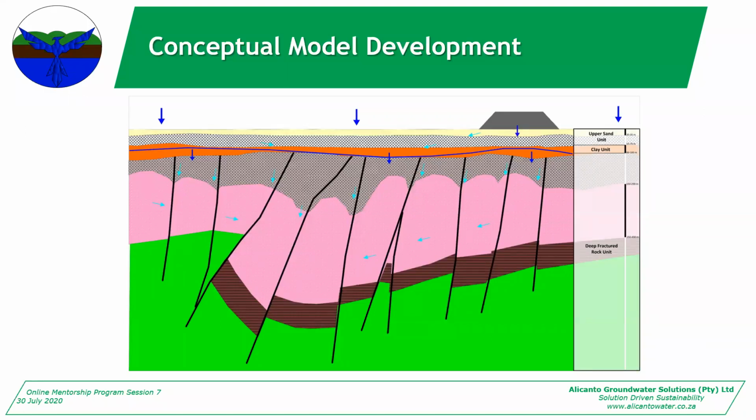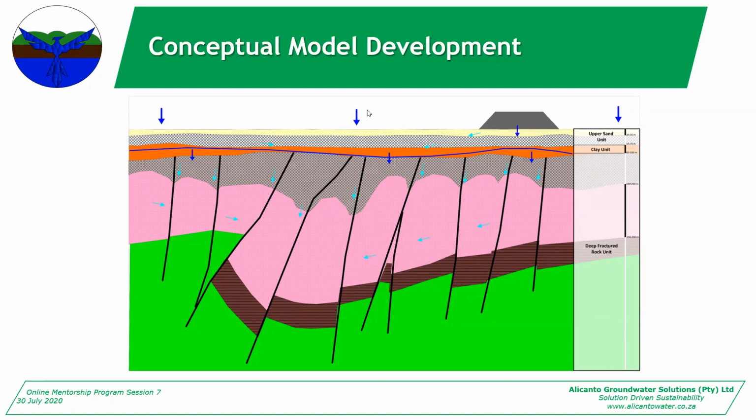All of the data that we've gone through in this presentation needs to be included in your report. And then your conceptual model summarizes that and takes out the key aspects of what's important to your groundwater flow regime at the site. So don't think, like Armand said, just because you've drawn a section doesn't mean you've understood your site.